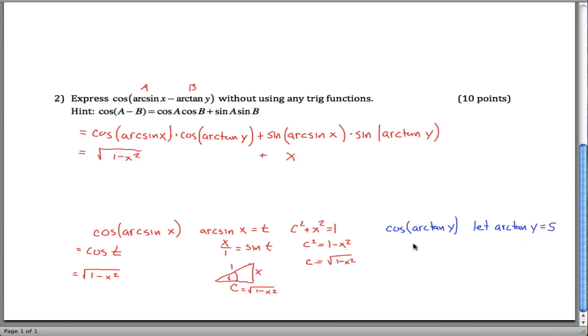I already used T. Now if I take the tangent of both sides, I get Y over 1 is equal to the tangent of S. If I draw the triangle and put my angle S down here, tangent is opposite over adjacent, so I should have a Y here and a 1 here. This squared plus this squared equals this squared, so the hypotenuse is the square root of 1 plus Y squared.